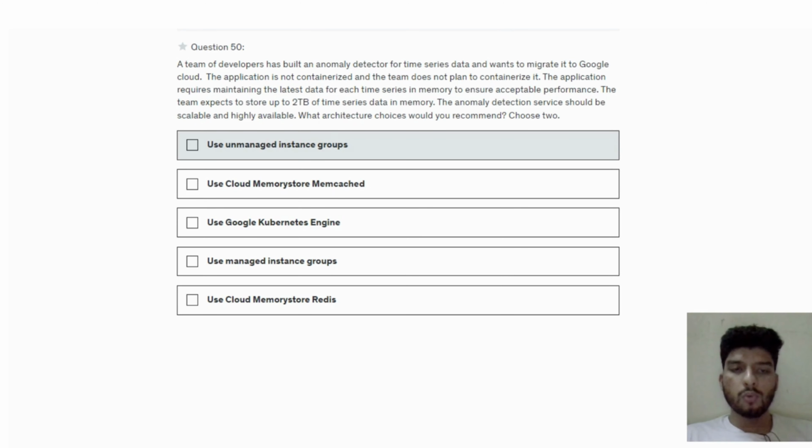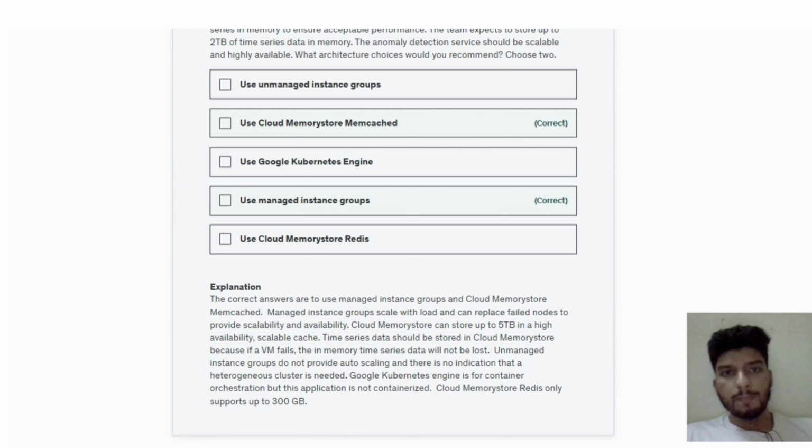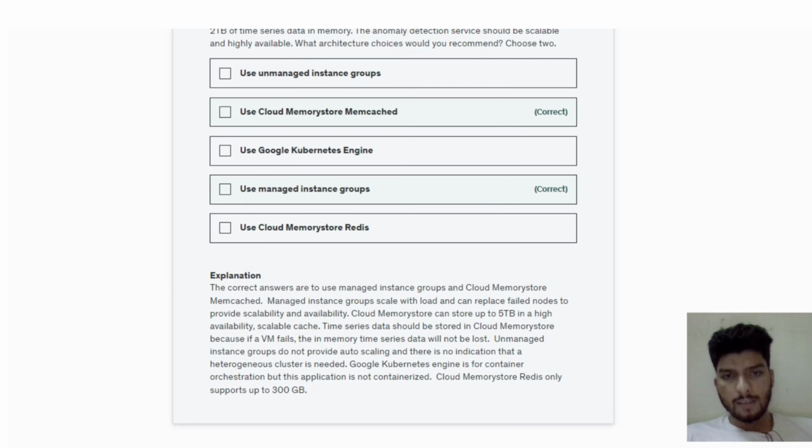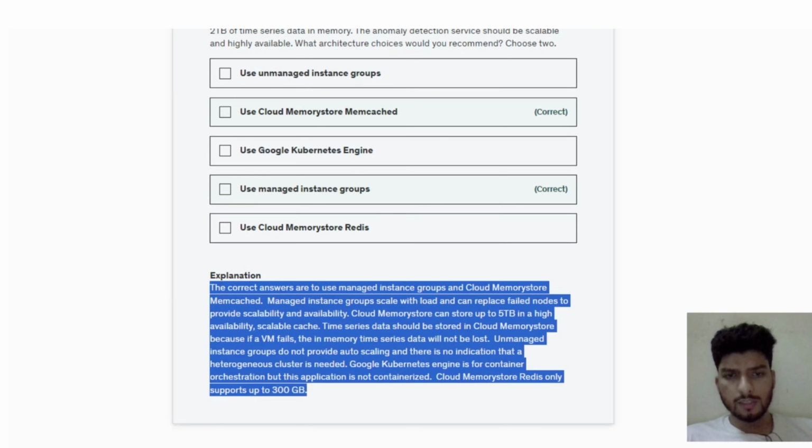You have to select two options: use unmanaged instance group, use Cloud Memorystore, use GKE, use managed instance group, and use Memorystore. So the right answer is option B and option C: use Google Cloud Memorystore for Memcached and use managed instance group. And here is the explanation for your reference.